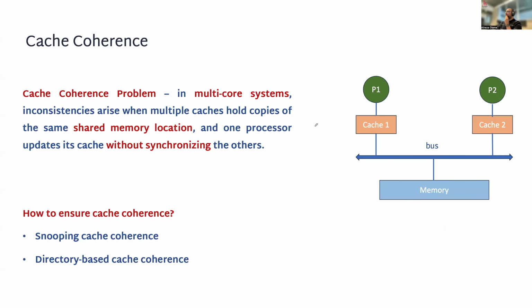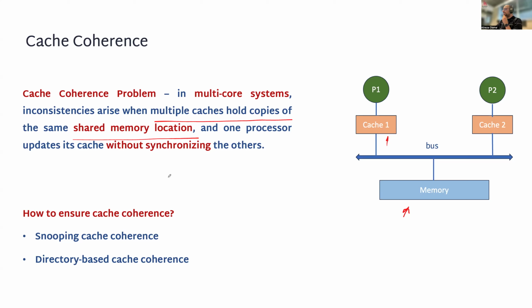And formally, in multi-core systems, inconsistencies arise when multiple caches hold copies of the same shared memory location. So if you have the global variable in the memory, but you have different values for the same variable in the caches, then you have this cache coherence problem because you didn't synchronize them.